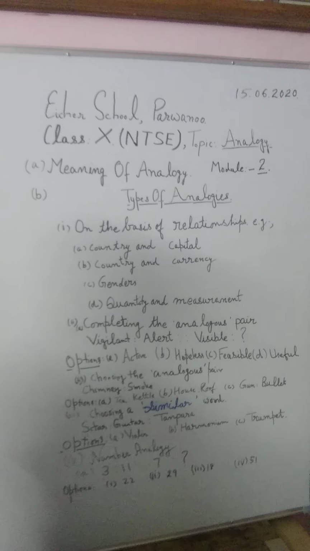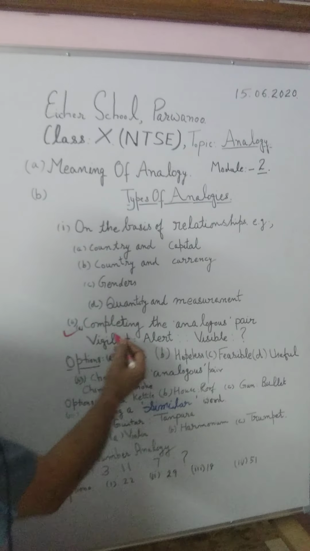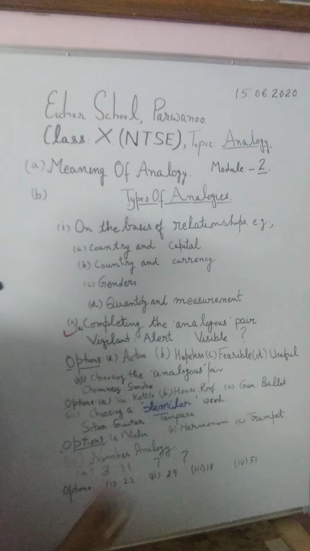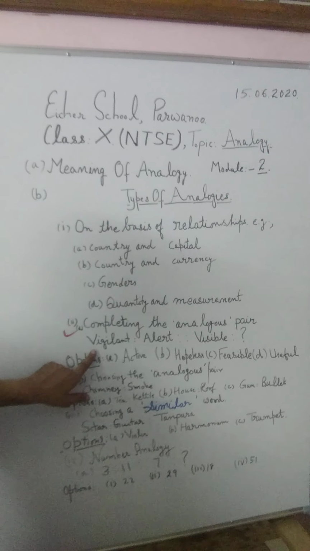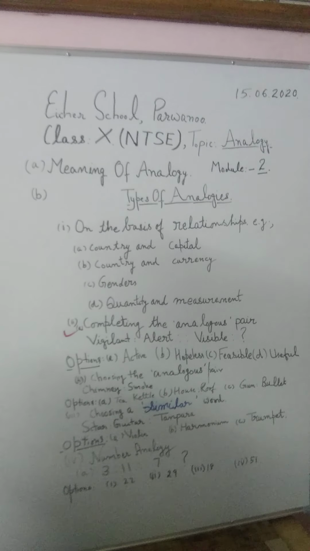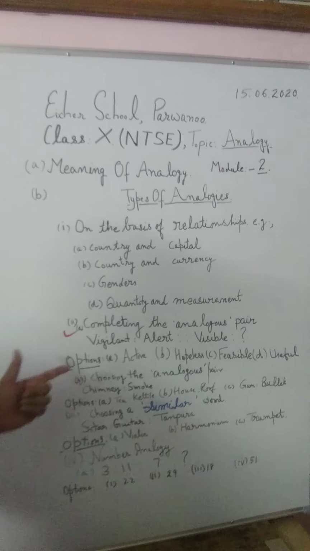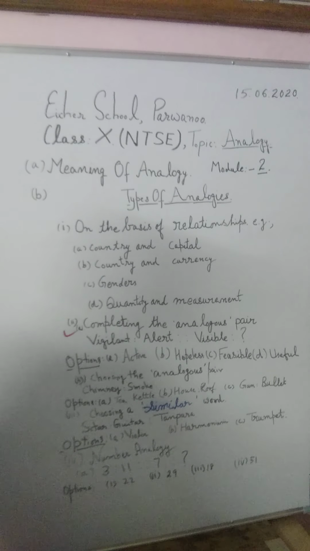For example, number one is this A part, completing the analogous pair. Analogous means same parts which are related to each other. For example, vigilant, alert. They have the same meaning. Vigilant means alert and visible will be, there are four options A, B, C and D, and out of these four options we have to decide which one is possible.